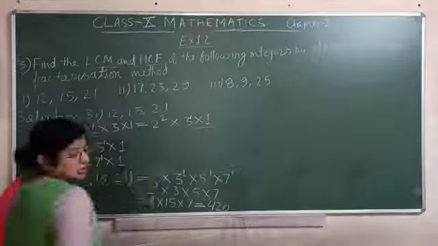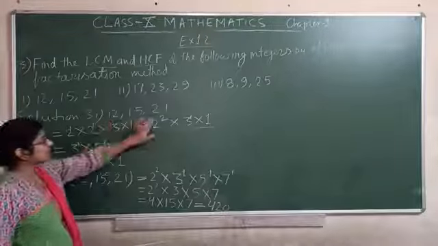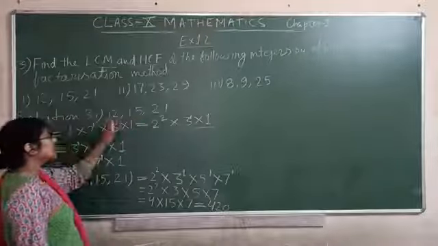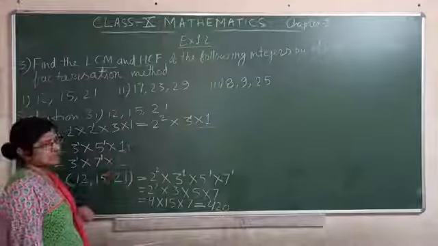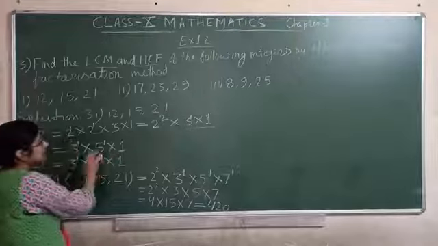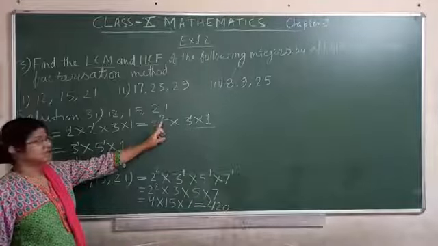Very simple question. You can do this easily. These are the given integers. First you have to make the prime factors of these integers. We are done with prime factorization. After that we write in terms of power.